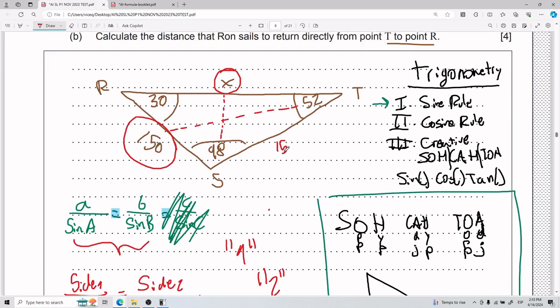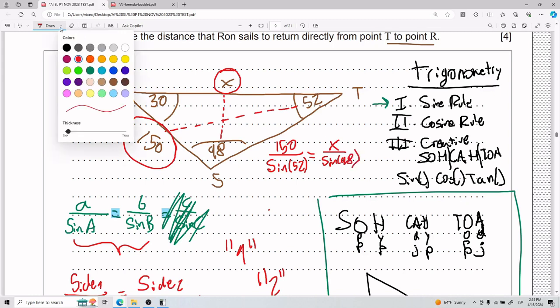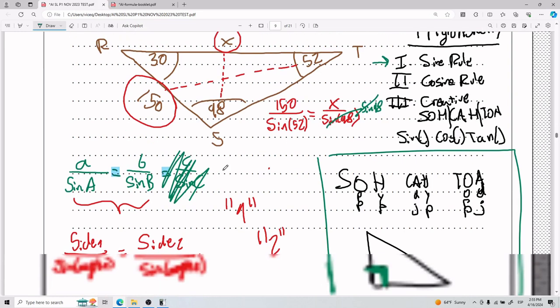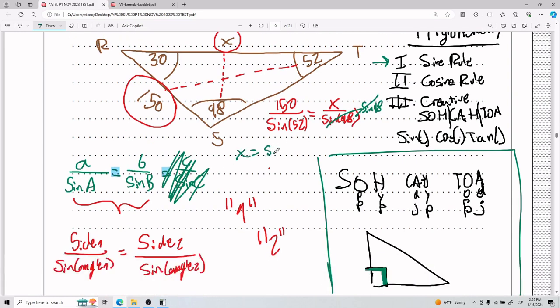So 150 over sine of its angle, which is 52, equals X over sine of its angle, 98. If you want to get X alone from here, all you need to do is multiply by sine 98, and you end up with X equals sine 98 times 150 divided by sine 52.